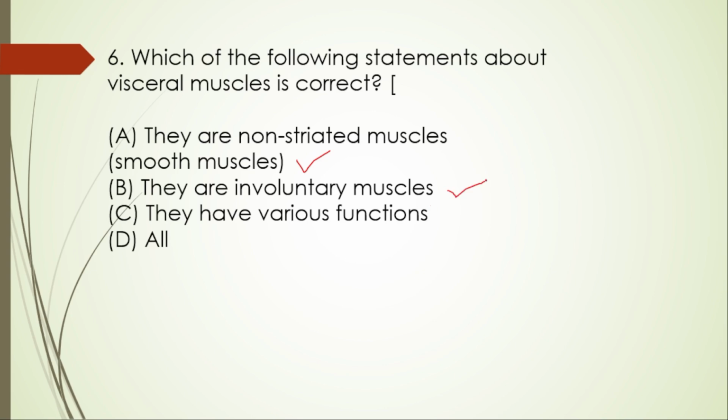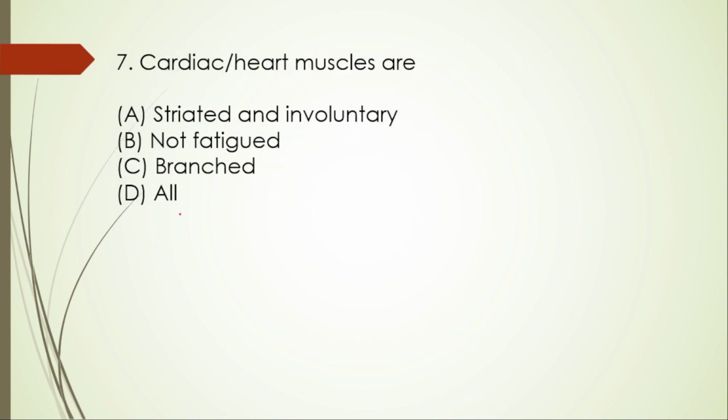Their activity is not under conscious control. They are regulated by the autonomic nervous system. They have various functions. Yes, of course, they perform many critical roles like moving food through the digestive tract and regulating blood flow in the vessels, etc. So the right option is D.